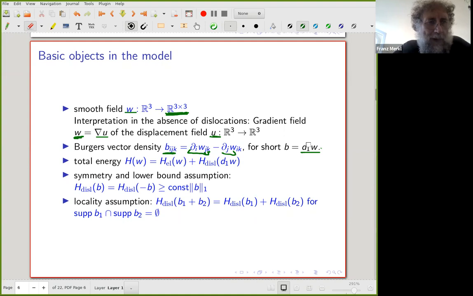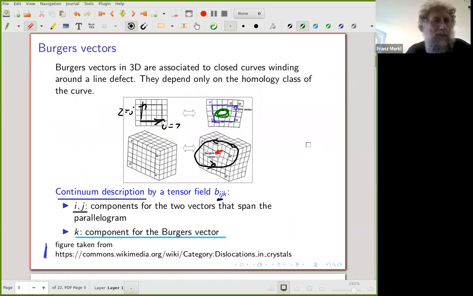Okay, now for a model in thermal equilibrium, we need an assumption for the total energy. And let us assume that the total energy consists of a local part for the dislocation and an elastic part. Let me go back to this picture in order to motivate this assumption. Here at the location of the dislocation, of course, it costs some local energy to remove or to add atoms or to have them at non-standard distances from each other.